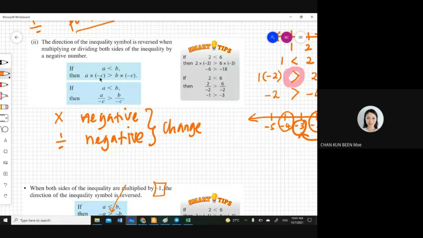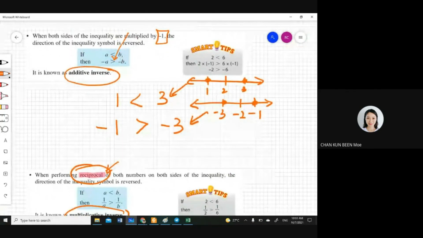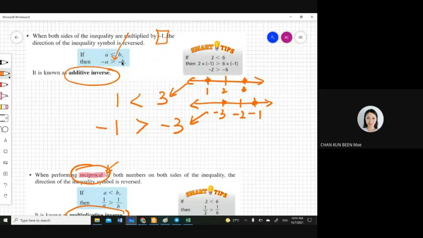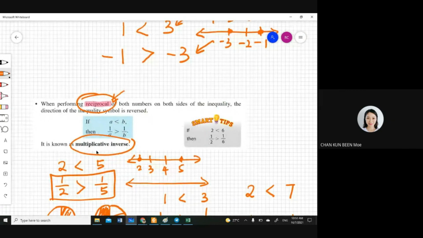You can see when you multiply with a negative number, the symbol changes straight away from the less than over here. Same with this one. When you divide, it also changes. And when it comes to the additive inverse, additive inverse means you multiply with a negative one, so the symbol changes. And then the last one is the multiplicative inverse. Inverse means upside down. So you change it to reciprocal, so the sign will also change.